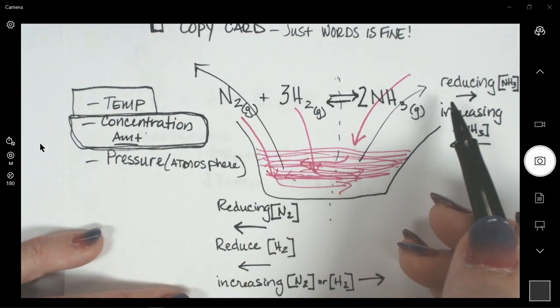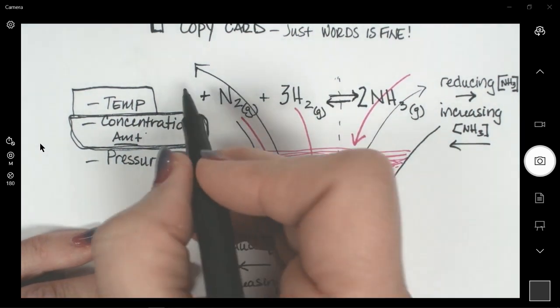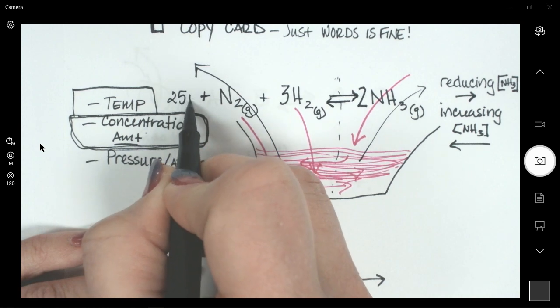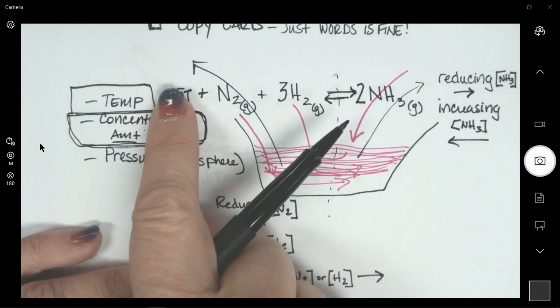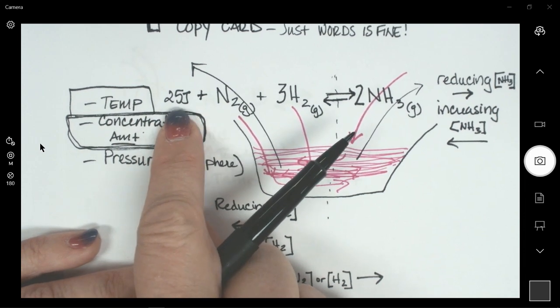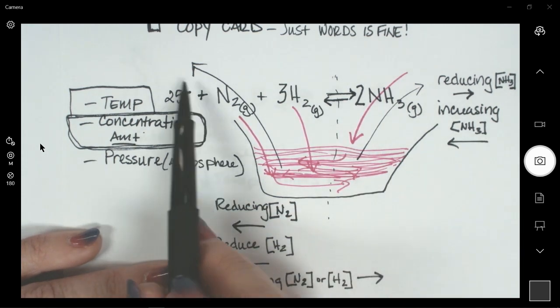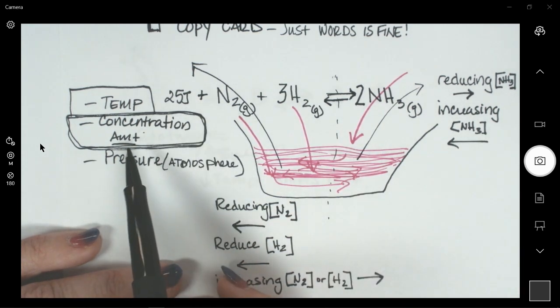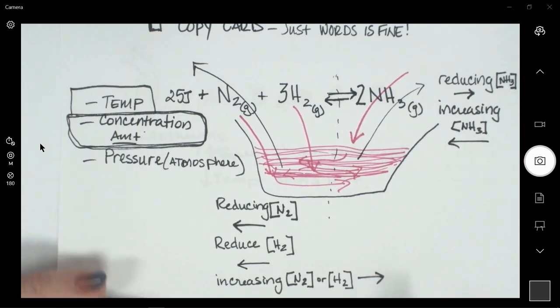So what you'll see is a quantity of energy, like 25 joules. If you see a number of energy on either side, that's your heat. If you see it on the reactant side, that makes this endothermic. If you see it on the product side, it makes it exothermic.